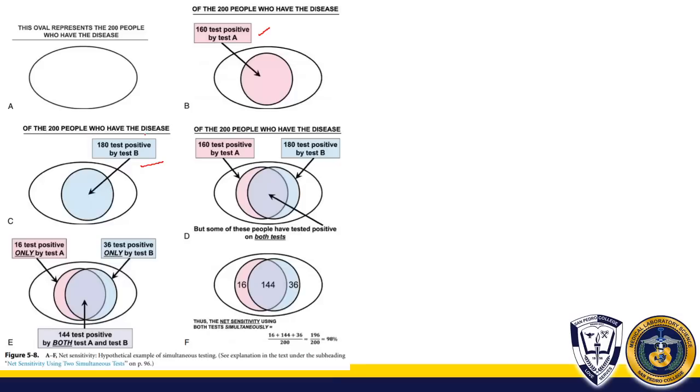Now, syempre, between test A and test B, naa man yung same individual na nag-positive for both. So, how do we compute for that one? Before ta mo-proceed diri, how would we know how many individuals tested positive for both test A and test B?